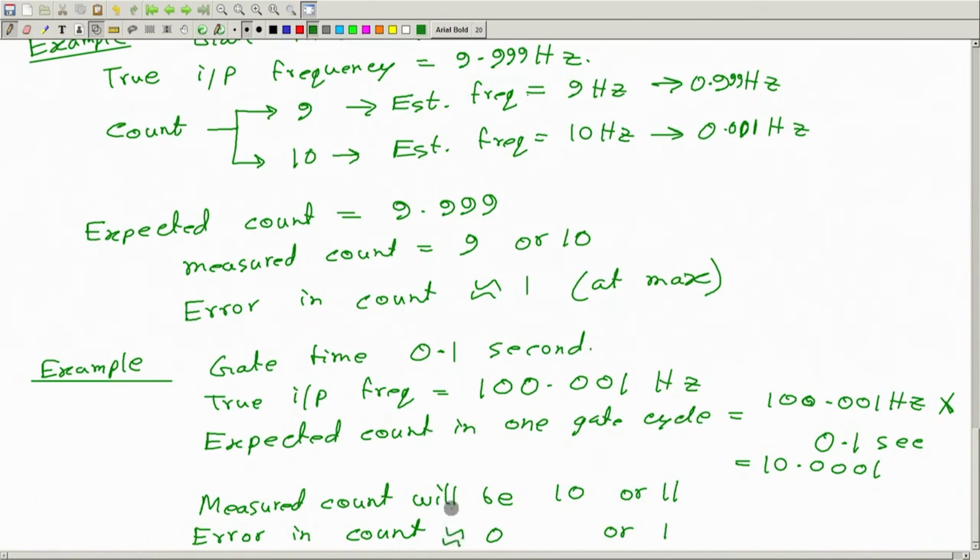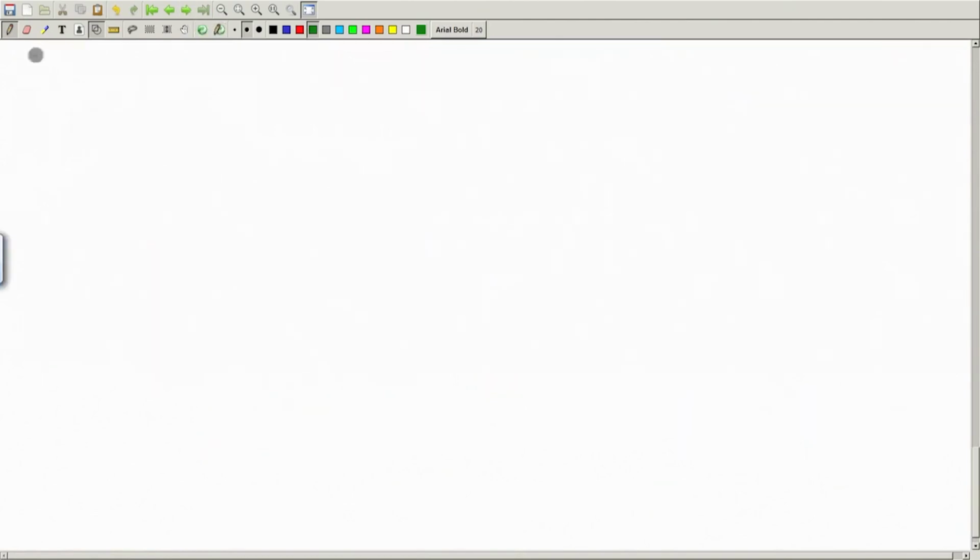So, we can always have an error of 1 count. So, we can have an error of plus or minus 1 count at max.